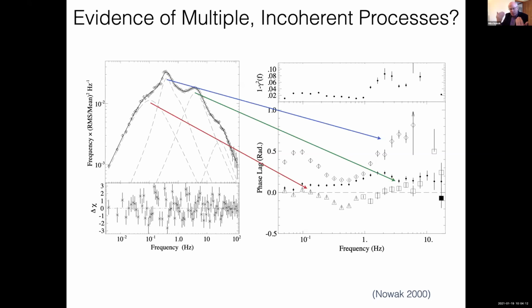And where the power of the components overlap, you'll get little drops in the coherence, which is basically saying that rather than having 1 driver and 1 response in Cygnus X1, we might have 4 individual incoherent processes happening independently in the system, and where the frequencies and the powers are comparable, they incoherently add, and we see a net time delay that's a little bit different than the time delay that one would associate with either one individually.